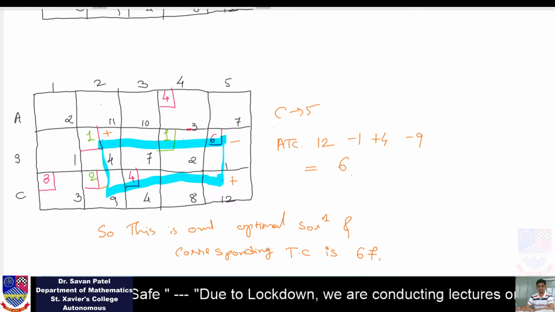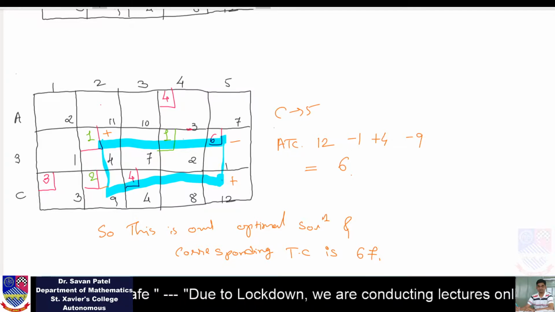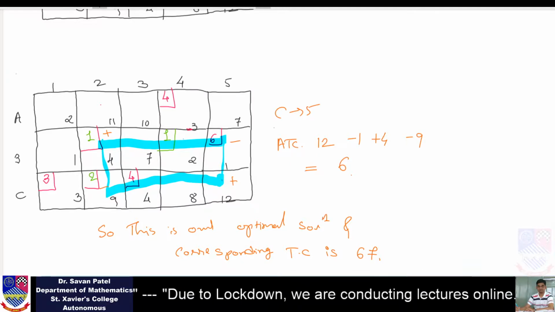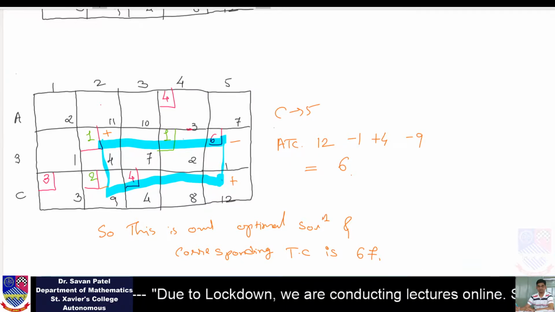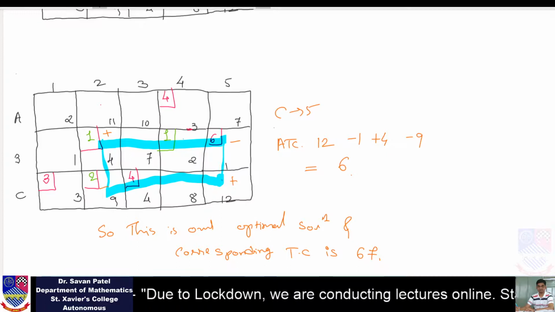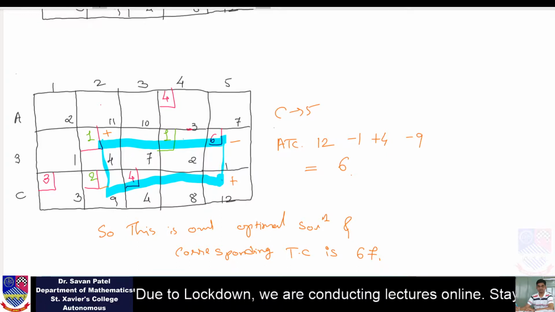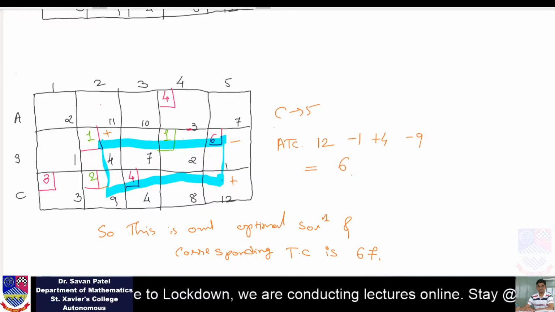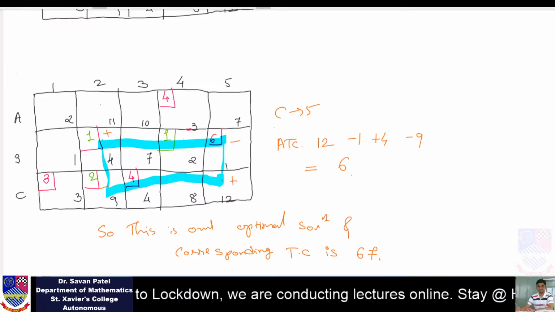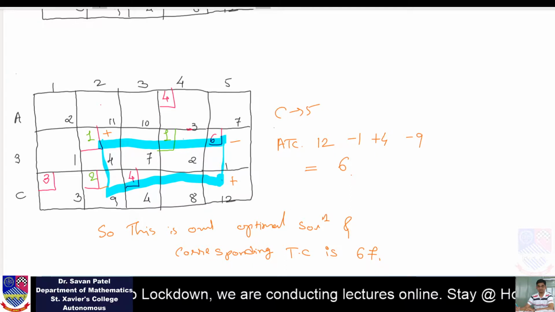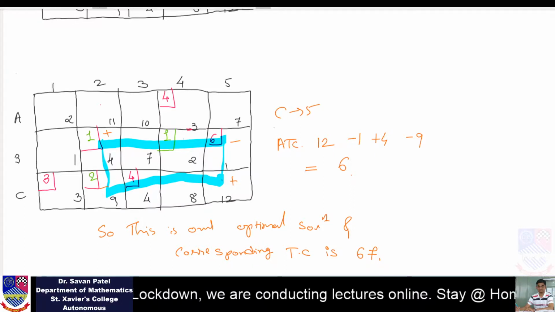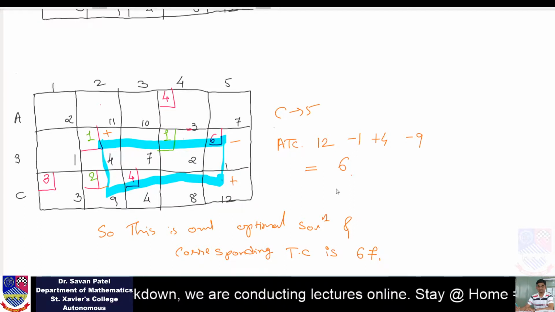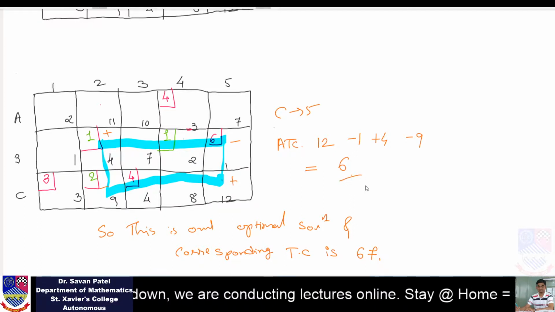In the next lecture, we will see one more problem via the stepping stone method. You may have seen that to reach the optimal solution we have to calculate too many of these loops and corresponding values. Okay, so that is a comparatively difficult task.